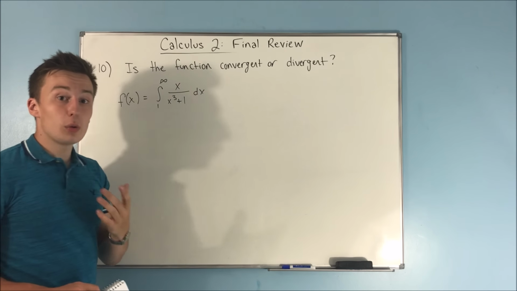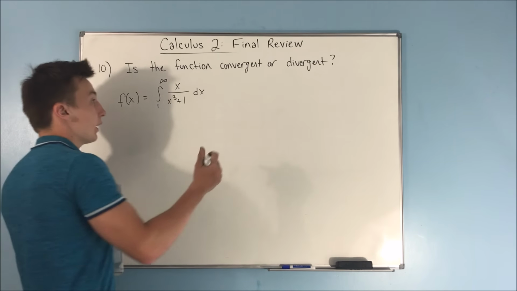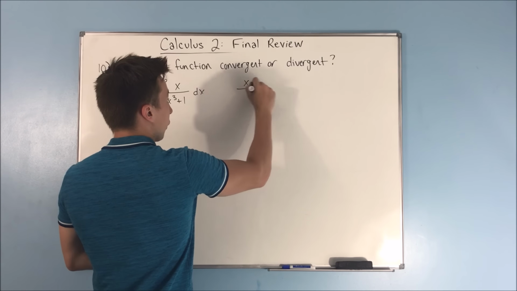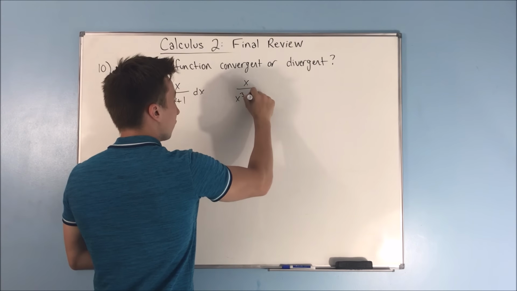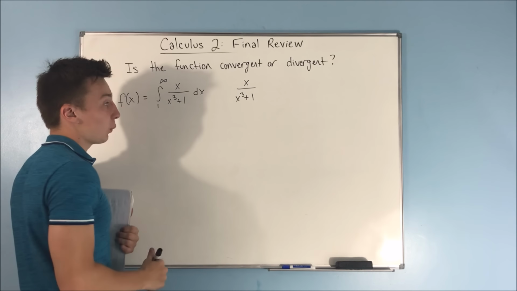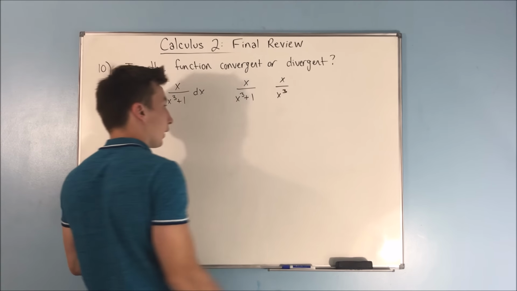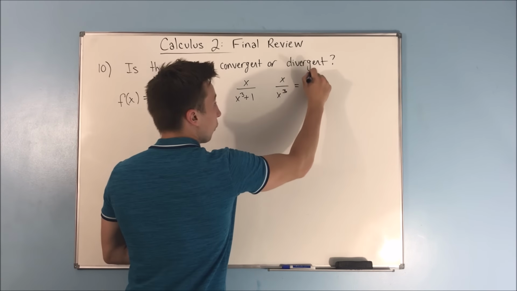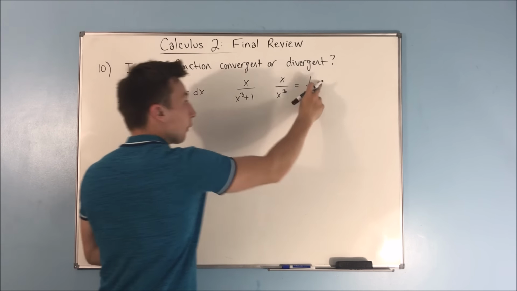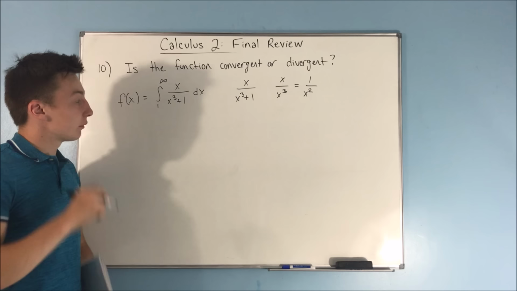So what we're going to have to do is look to the comparison theorem. We can compare x over x cubed plus 1 to, let's get rid of that constant there, let's get rid of that plus 1. Let's compare it to x over x cubed, because that is equal to 1 over x squared, and that's an integral that we can do pretty easily.